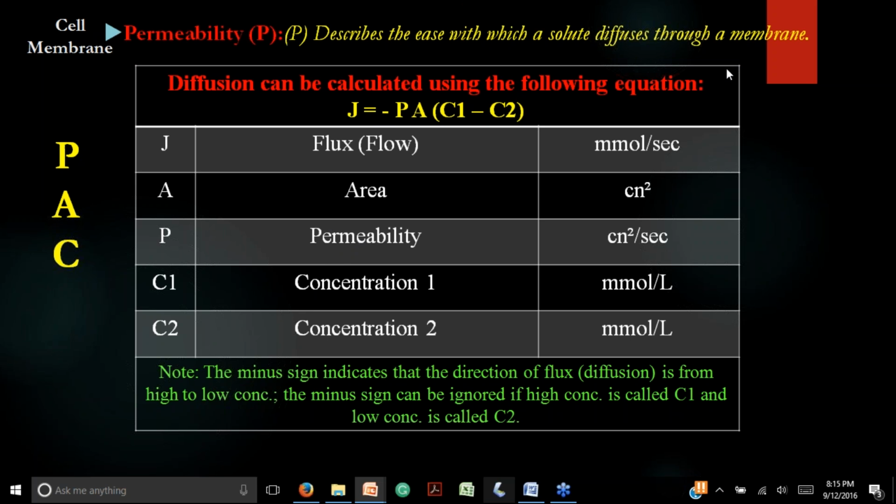Please, I don't want to lose that perspective: we are talking about simple diffusion, and how the flow of simple diffusion works is what we are going to talk about right now. Permeability is important. It's like we have a house and we don't allow everybody to come into the house, right? We permit some family or some friends to come, but no strangers, for example. And the permeability has that function.